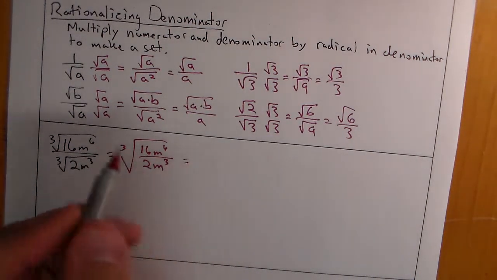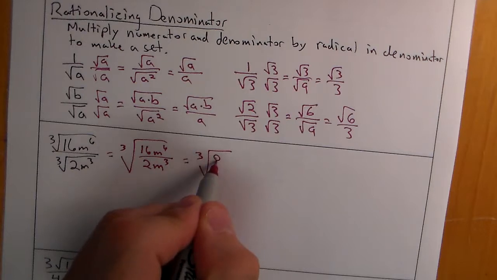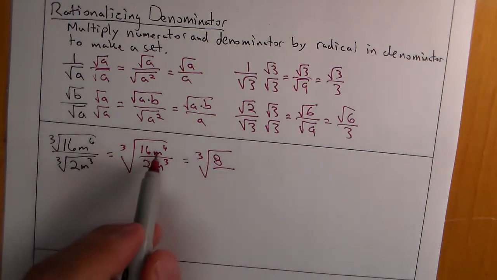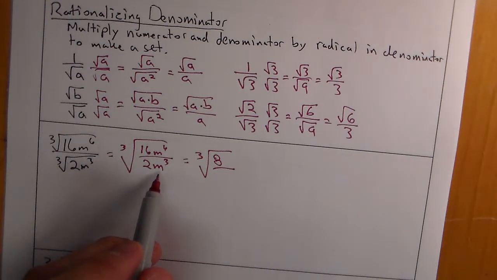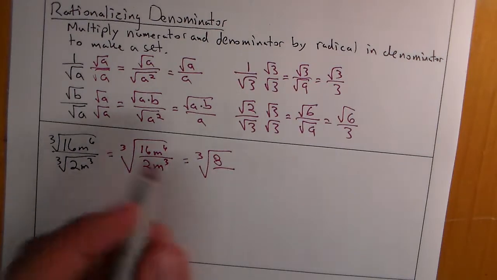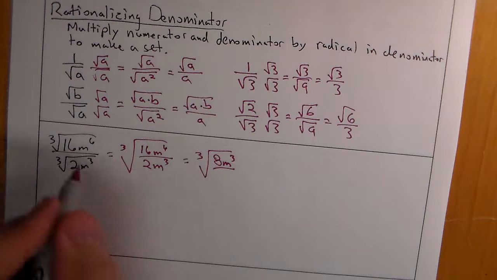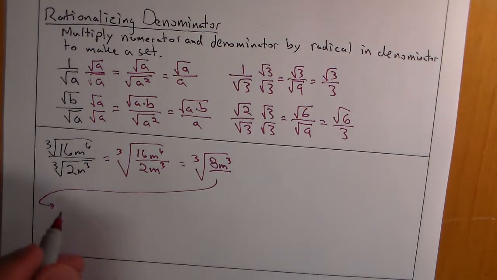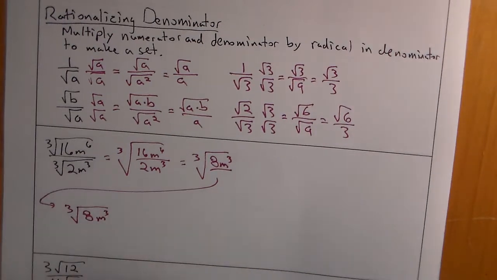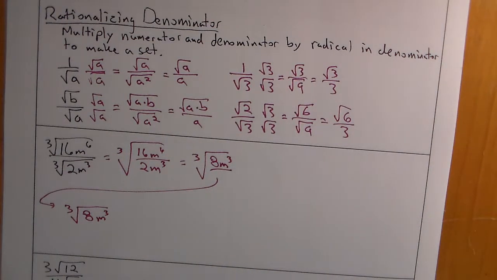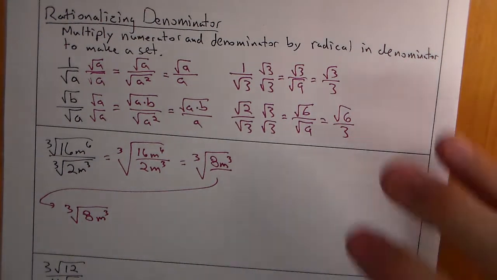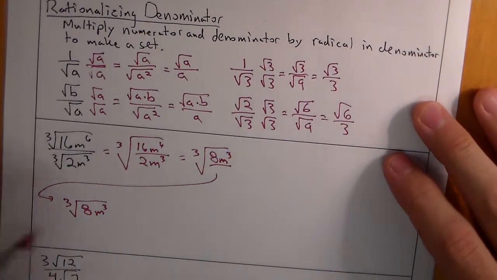16 divided by 2 is going to give me 8. M to the 6 over m to the 3rd, well, there's 3 more on top, so that becomes m to the 3rd. So now, instead of having a fraction, we're now looking at it as the cube root of 8m to the 3rd. Just knowing we can work with fractions in that way and simplifying sometimes gets rid of the fractions and makes it a lot easier problem.